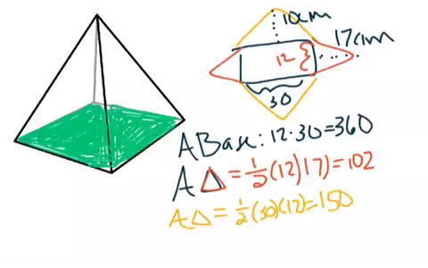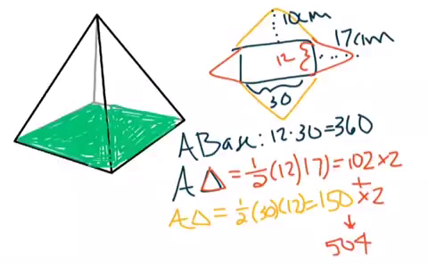To end this bad boy, let's do the sum of the areas of the lateral faces. We have 2 of the red triangles and 2 of the yellow triangles. So we're going to multiply those together, and add these 2 together. That's going to give us 504.